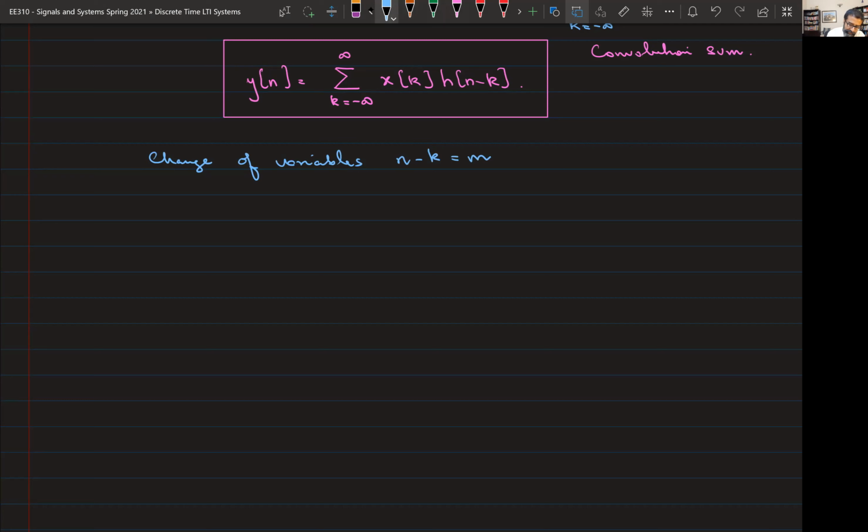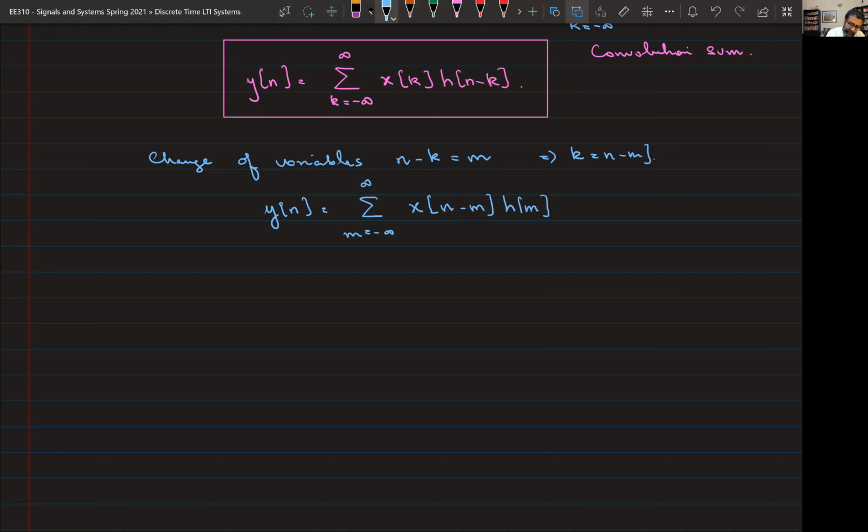Then y of n is this summation. And as n goes from minus infinity to plus infinity, k also goes from minus infinity to plus infinity. And this is x of n minus m, and this is h of m.